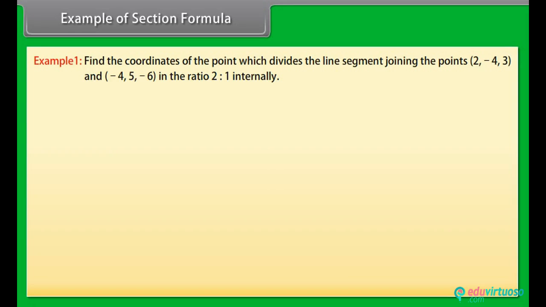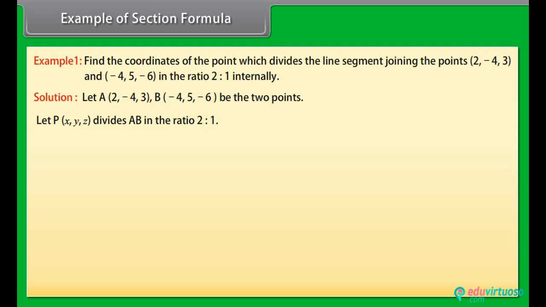Example of section formula. Find the coordinates of the point which divides the line segment joining the points (2, -4, 3) and (-4, 5, -6) in the ratio 2:1 internally. Solution. Let A (2, -4, 3) and B (-4, 5, -6) be the two points.